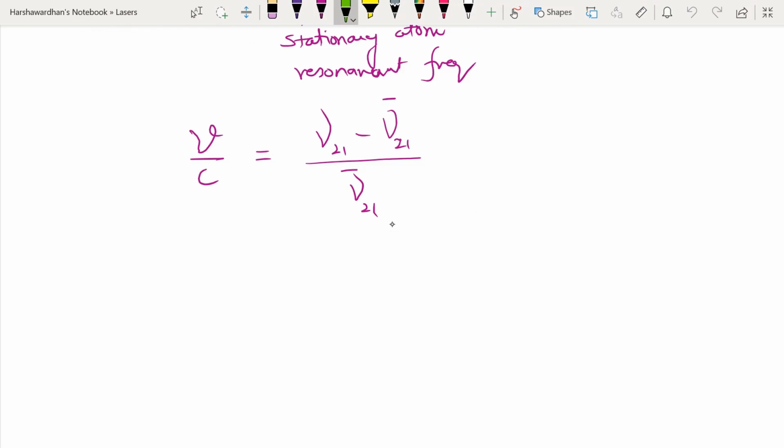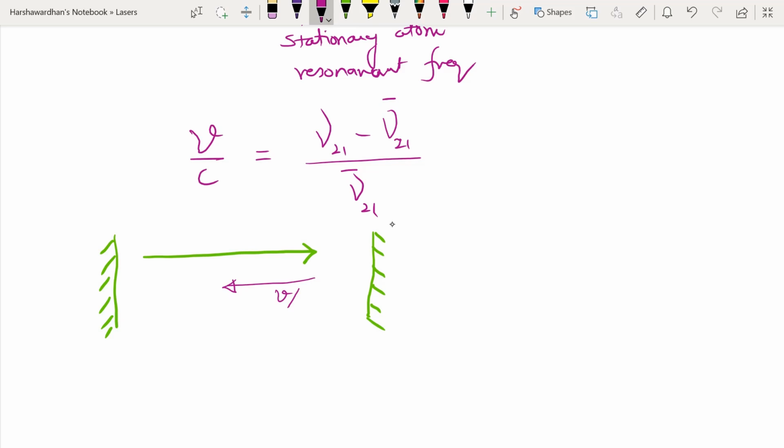There is a certain symmetry that we need to invoke within the cavity. So, for example, this is my cavity, and I have a wave that is traveling that way. Imagine there is a collection of atoms traveling that way, with the velocity ratio v by c, and this is the frequency nu L that is traveling to the right.